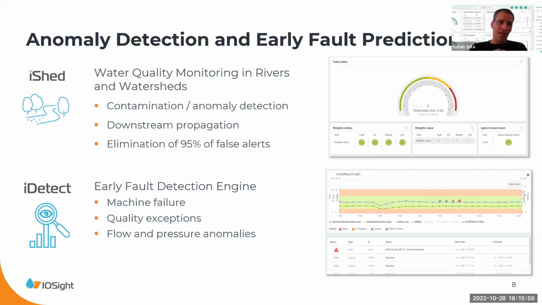We have another 2 projects in Brazil that are focused on that. The iDetect is an early fault detection engine designated to detect anomalies related to pumps and motors, and make sure that we detect those issues of pumps before a breakdown occurs.